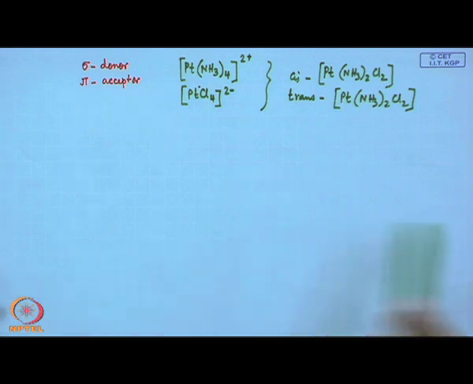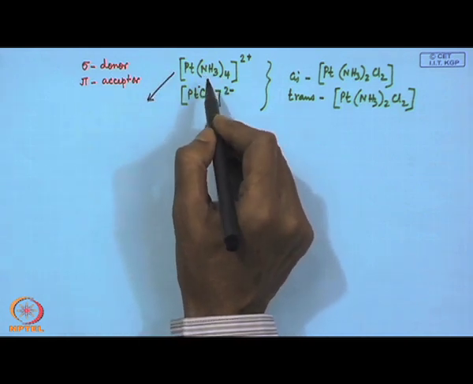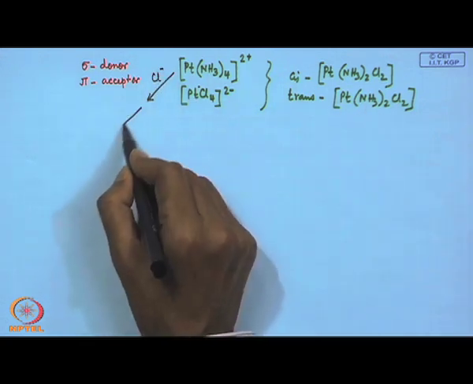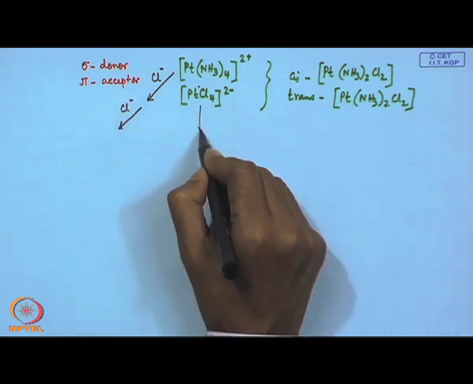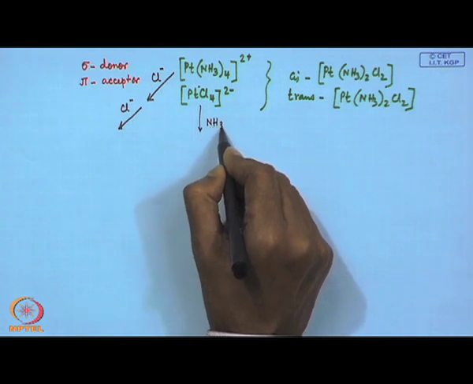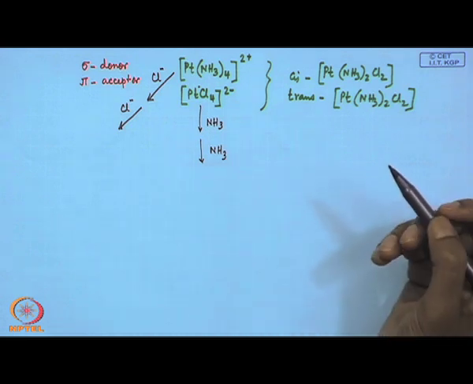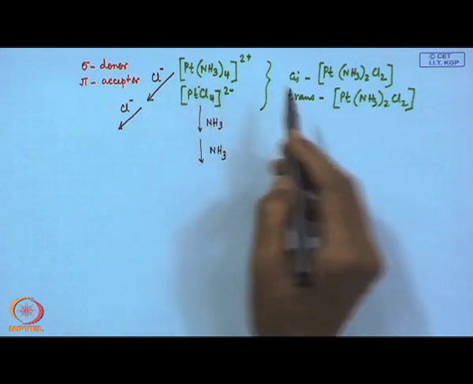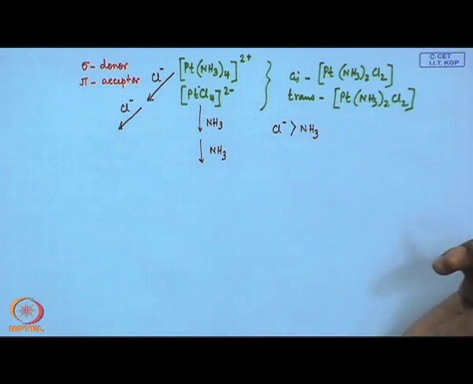So, when they are reacting, basically the sequence of these two reactions is there. That means when we have this NH3 group, the first one will just be substituted by Cl, then again we will have the substitution by Cl minus, but in the other case we have the substitution first by NH3 and then again by NH3. So, these two things will also tell us that the trans effect for Cl minus is greater than ammonia.